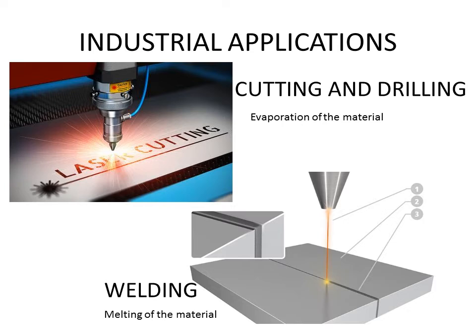Here I have shown you an image in which some material processing is done on a metallic piece. All these applications, cutting, drilling, and welding, are referred to as material processing applications in industry.